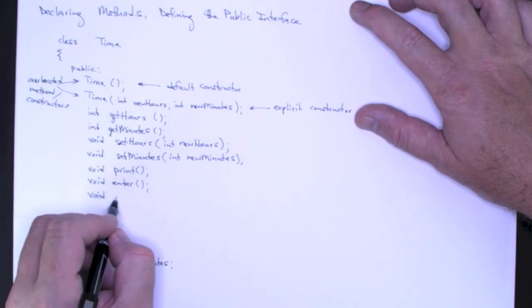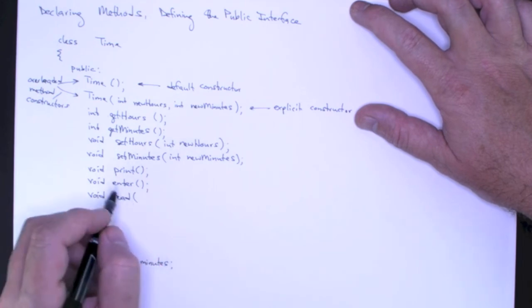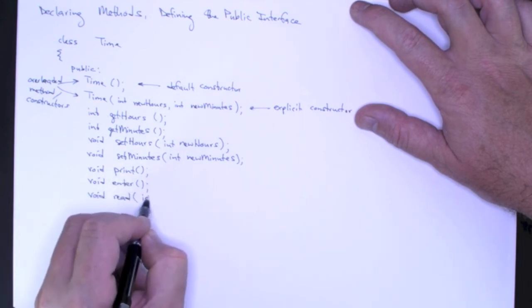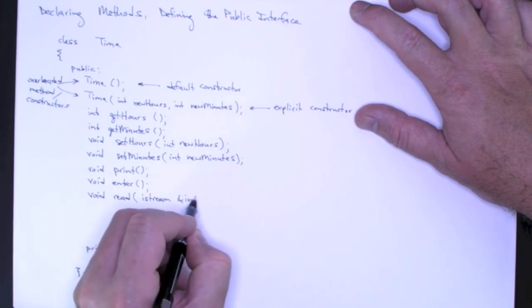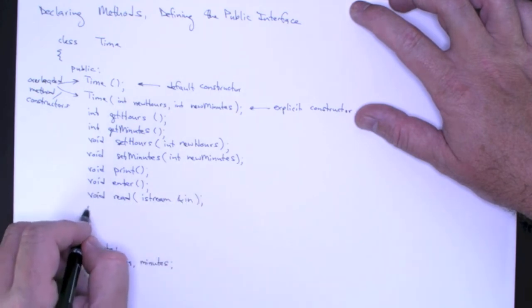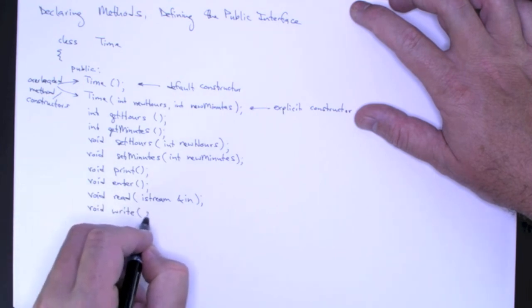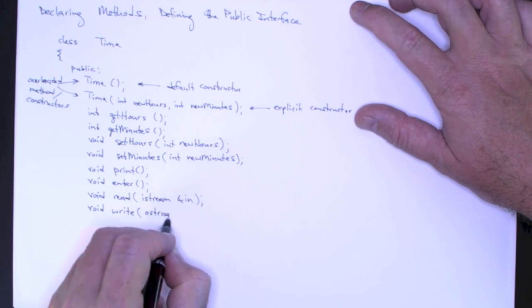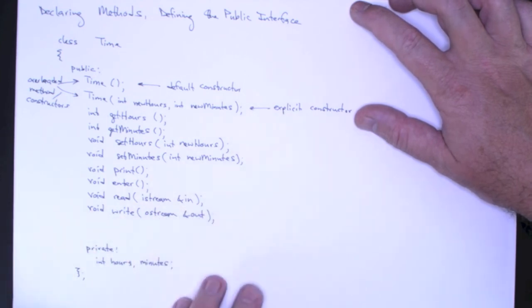I'm going to call those read, and I need to be able to pass in an input stream for reading, and then the same thing for write. I'm going to pass in an output stream for writing. Just like that.